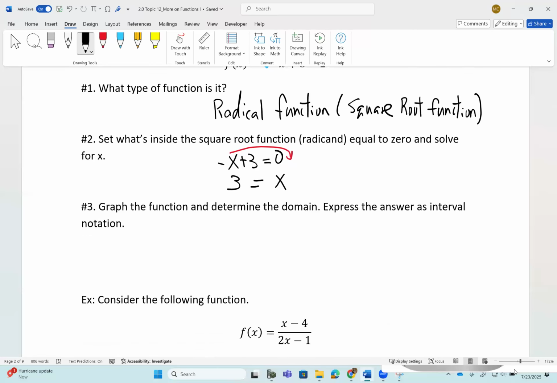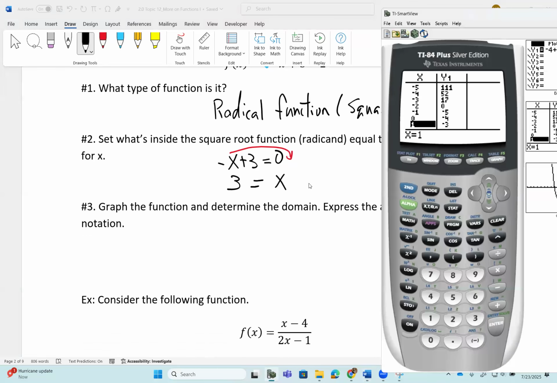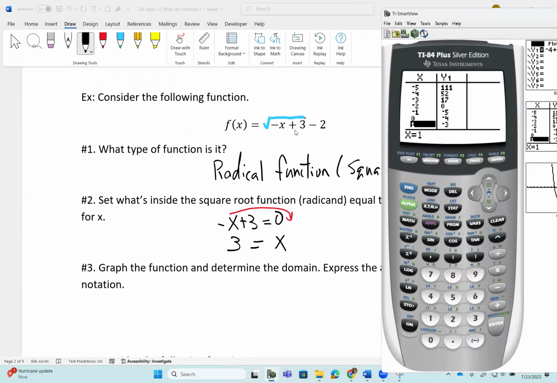Like I said earlier, there are things we can learn from looking at the equation part of the function to know what the graph will look like. So square root of negative x plus 3. All right, I'm going to close my parenthesis.